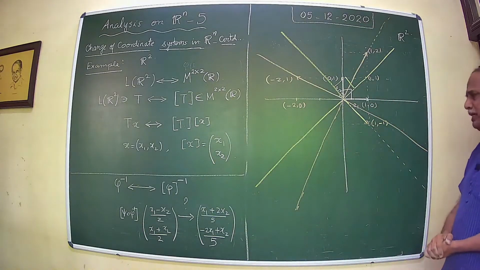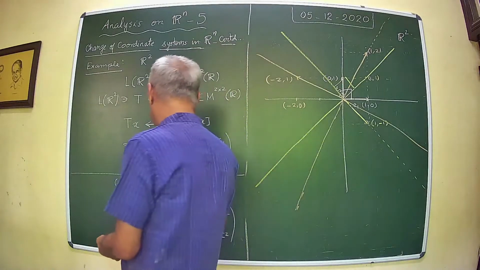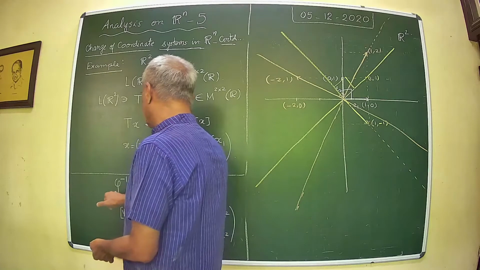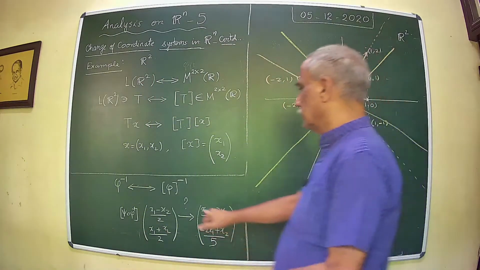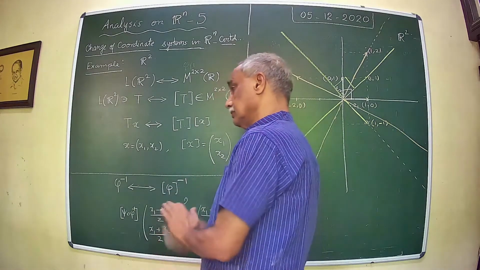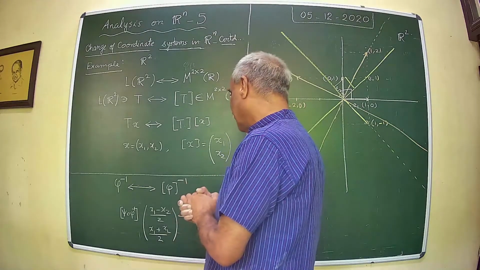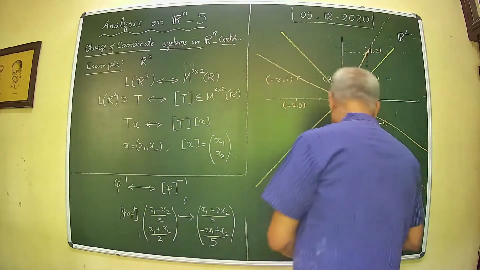We have also just glossed over the idea that the matrix representation of phi and the matrix representation of phi inverse are connected by the inverse of the matrix of phi. The matrix of phi inverse is equal to the inverse of the matrix of phi.